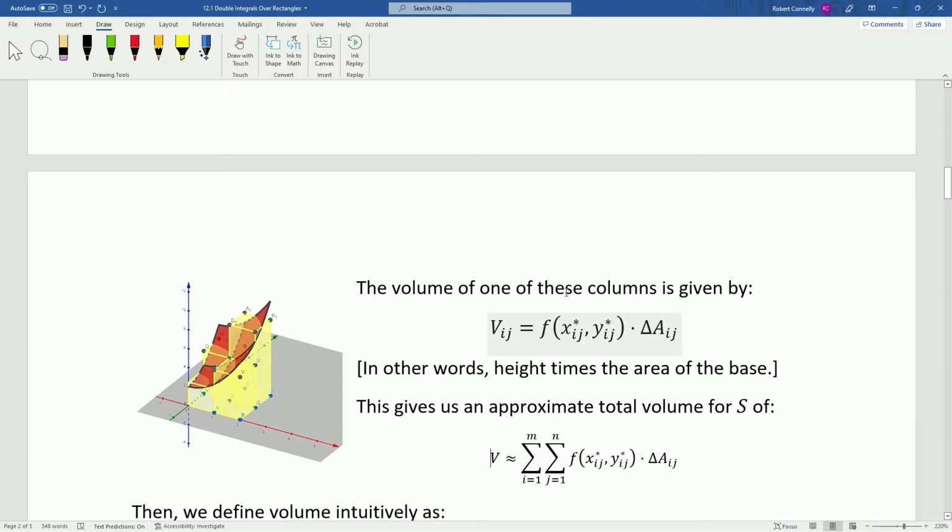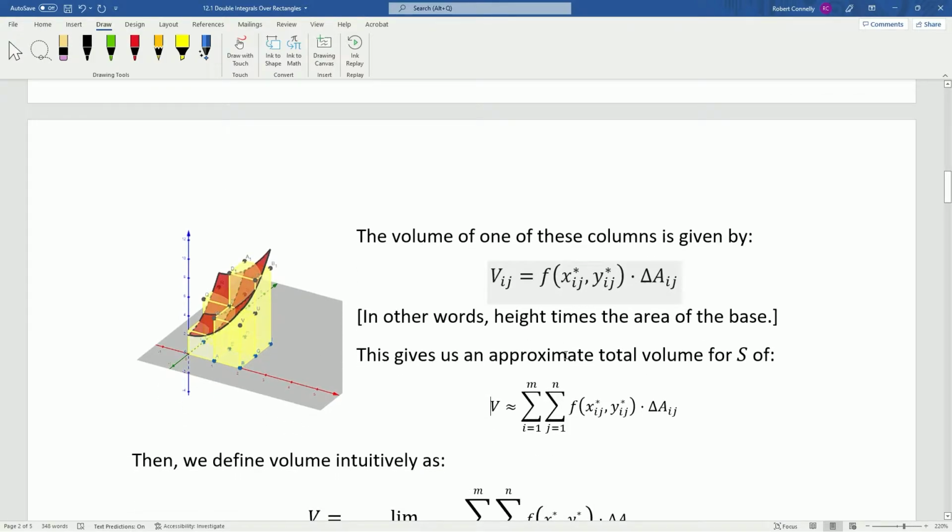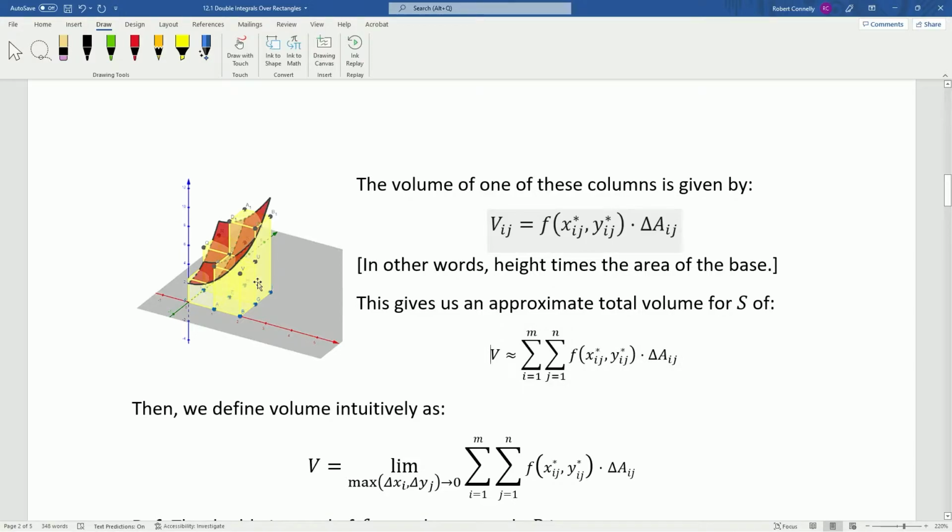Each rectangle gives us a volume for the rectangular prism, found by taking the height of the function at that point times the area of the rectangle it's lying above. And the whole volume would be approximately the sum of each of these pieces.